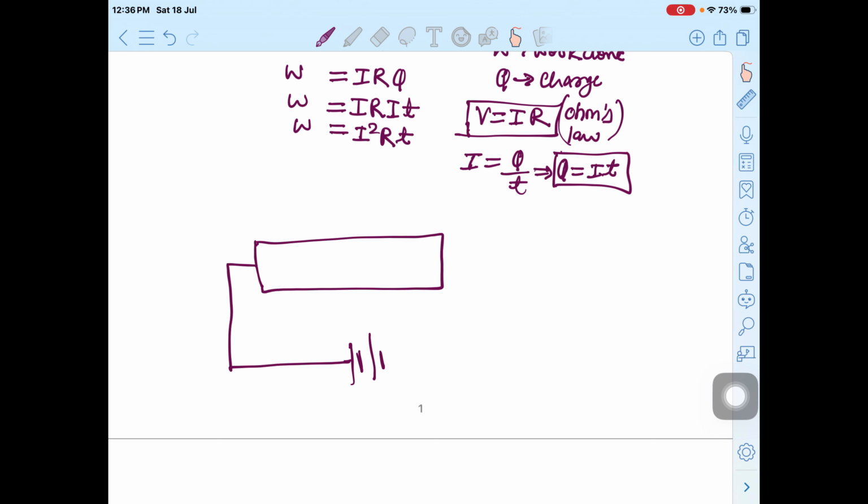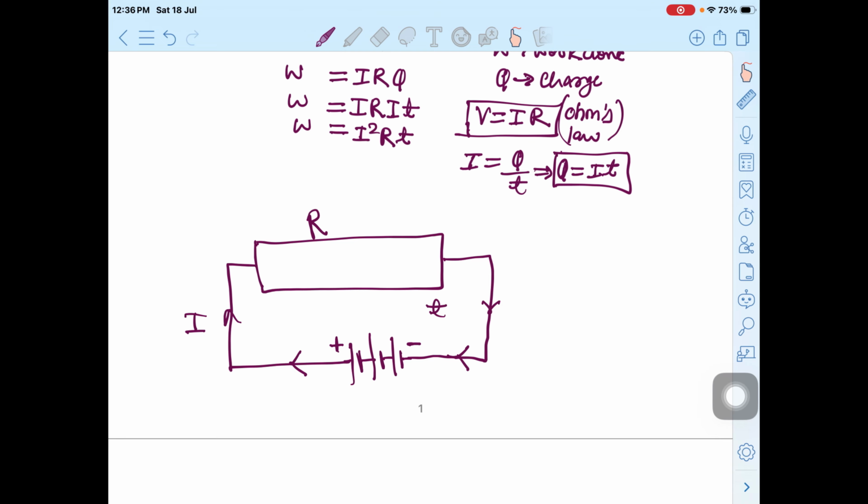Here is our positive terminal and here is the negative terminal, and our conventional current flows from the positive terminal to the negative terminal, right? This is a thick wire conductor of resistance R, and the current I is flowing through this conductor for a time t, right?